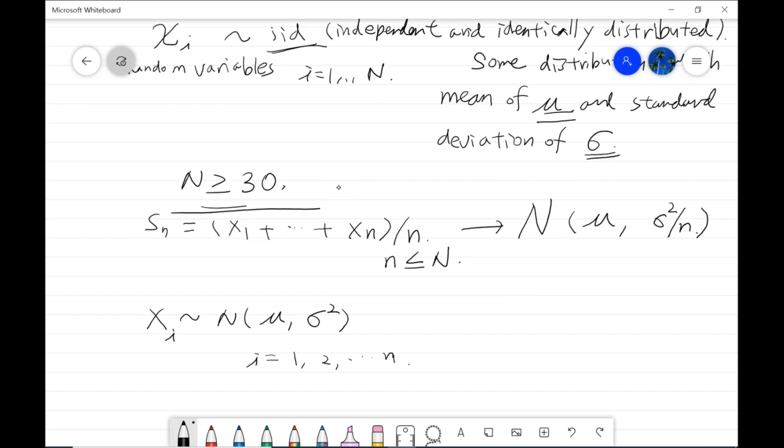Whenever you describe any kind of normal distribution, you always have to provide two pieces of information. What are those? The mu, the mean, and sigma square, that is the variance.